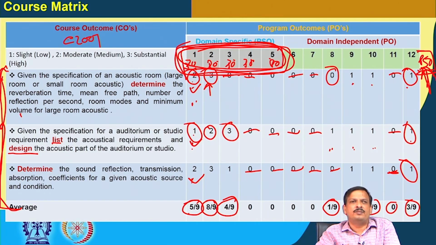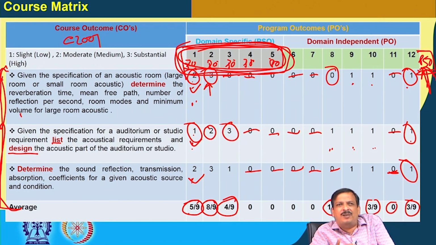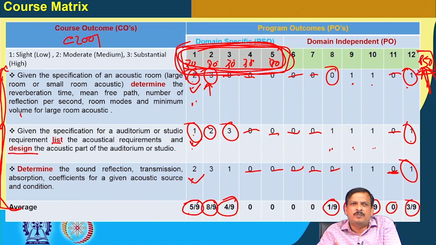Seminar. What are the PO you want to fulfill by the seminar? First one, their communication ability, presentation ability, communication ability 1. If the seminar is taken on the basis of individual teamwork, then you can say the teamwork ability, their self-learning ability, their problem defining ability or problem analyzing ability.